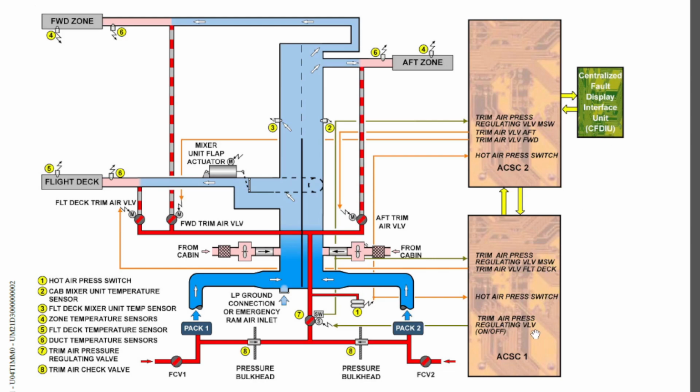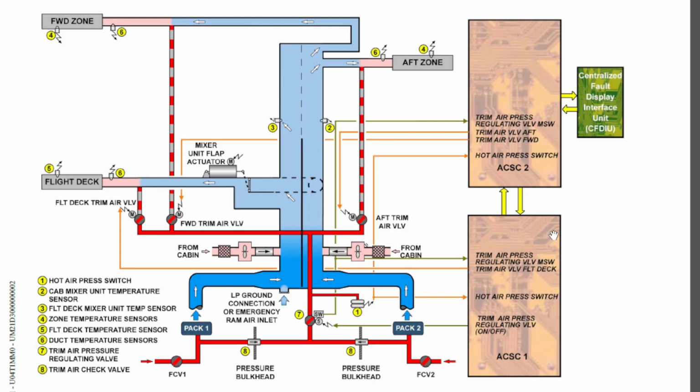So if there are any faults detected by air conditioning system control computer 1, it will send that signal to computer 2, and computer 2 will transmit that signal to the CFDIU.